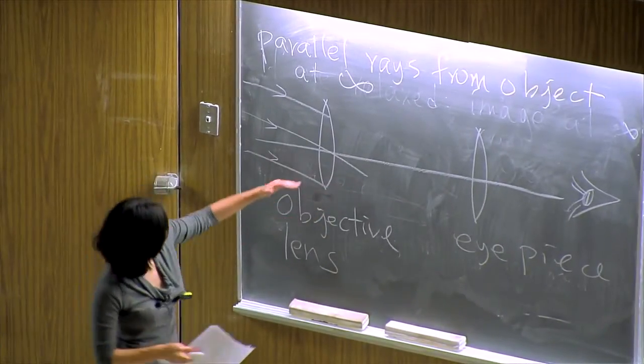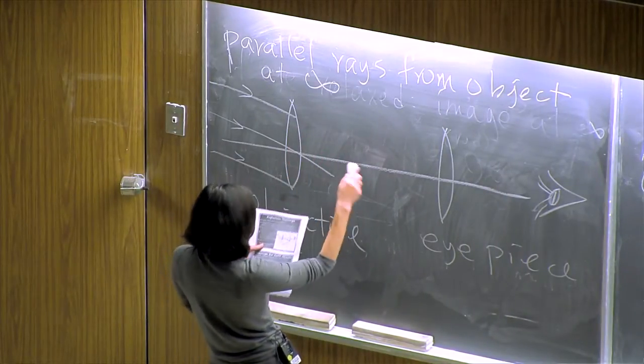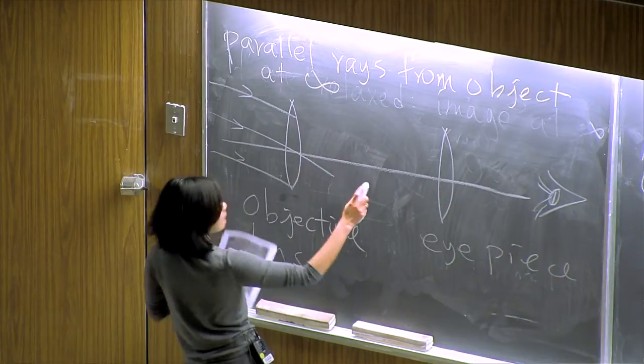All right, so what the objective lens does is that it makes an image of this distant object at its focal plane.